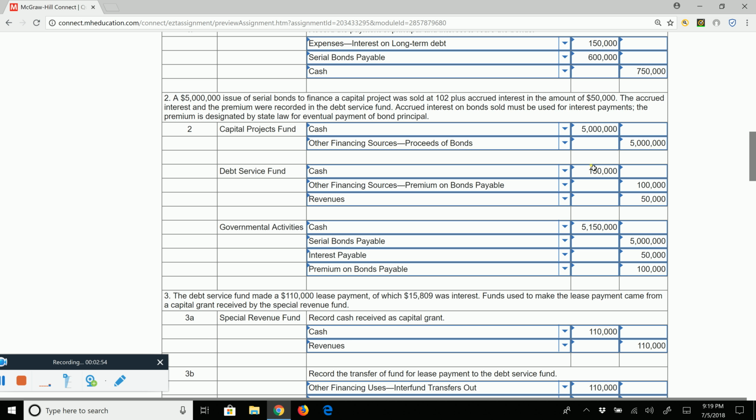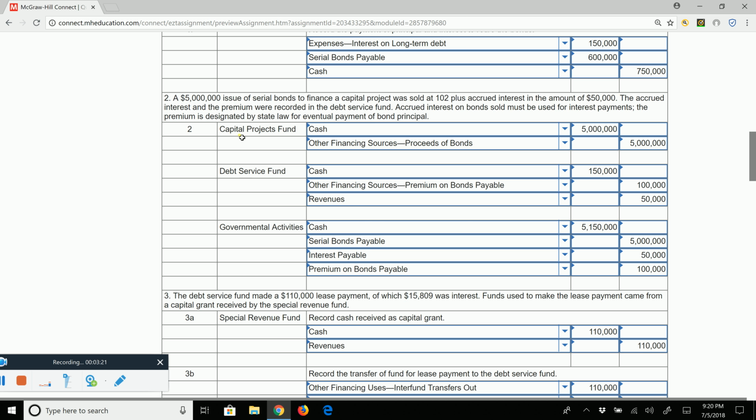Now the additional monies, the 2% premium, that's $100,000. That is going to go to the debt service fund as a credit to other financing sources. And the $50,000 interest that we pre-collected from our bond investors, we're going to give it back to them, of course. But we have to credit revenues for that $50,000, and the debit goes to cash.